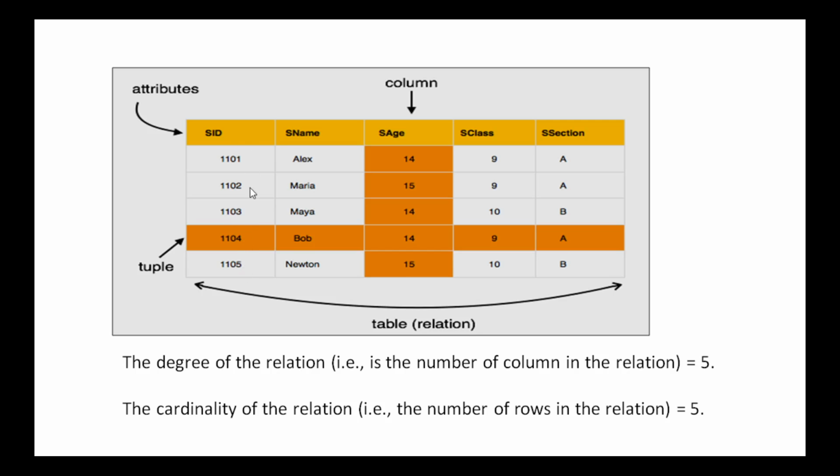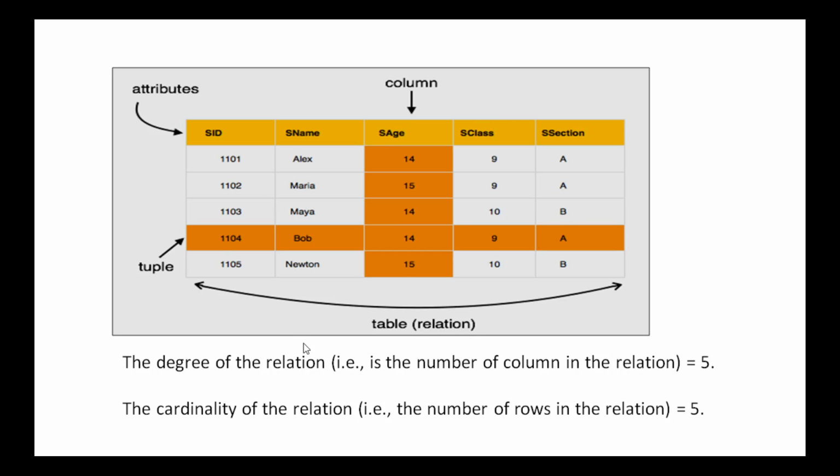These attribute values are unique, meaning no duplicate values and no null values. That is why, by using the SID column, we identify each and every record. So this is a table which satisfies the table properties.